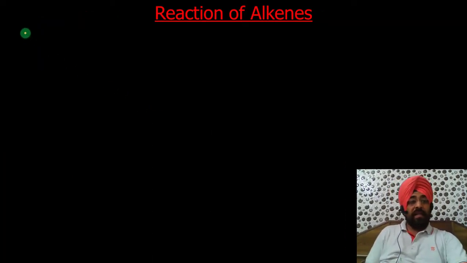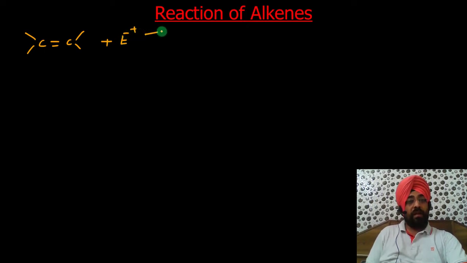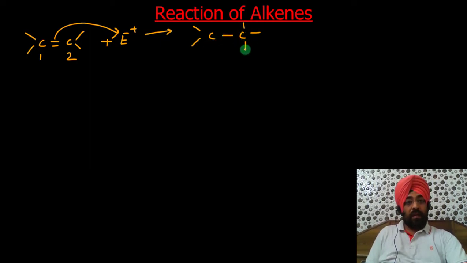Now as I said, in the case of alkenes, when we add an electrophile, there are two possibilities. Suppose we name this carbon as 1 and this carbon as 2. When this electron pair goes to the electrophile, the first possibility is that the electrophile can add to the second carbon, and then the first carbon will get a positive charge.